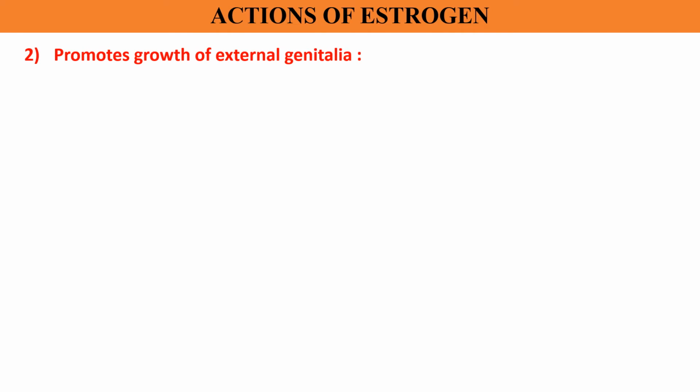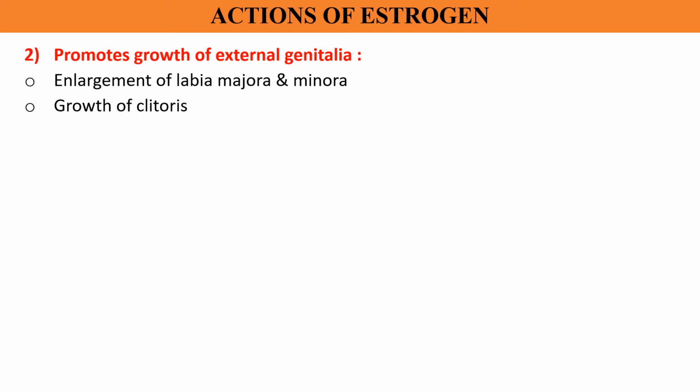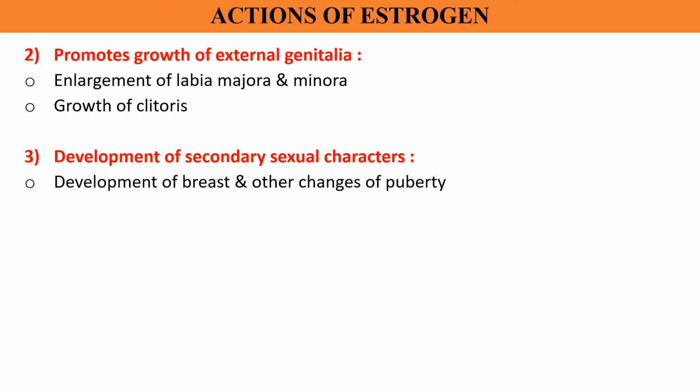Estrogen promotes the growth of external female genitalia by causing enlargement of the labia minora and majora and growth of the clitoris. Estrogen is responsible for the appearance of secondary sexual characters like development of breast and female type body and pubic hair pattern, fat deposition at hips, etc.